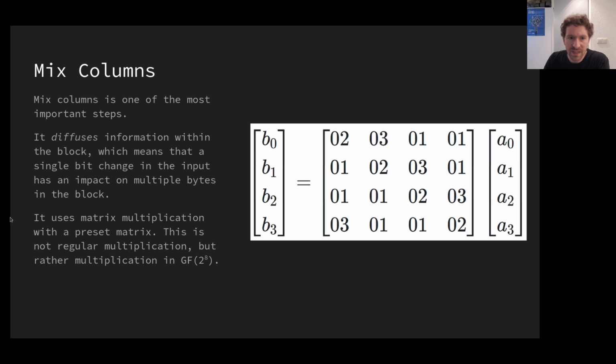So this typically uses matrix multiplication. This is our block column. We do this on a column by column basis, right? Mix columns: we take one column in, we do a matrix multiplication, and then we get this on the other side. So the new block is the result of this operation on one column and this matrix. And again, this matrix is fixed.